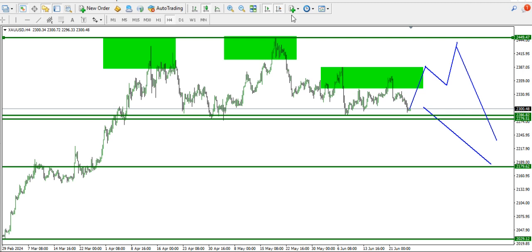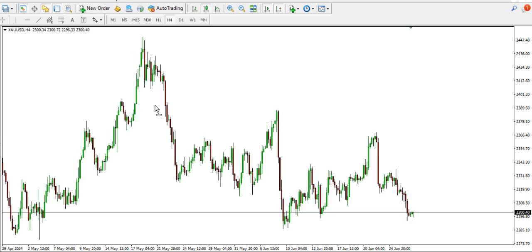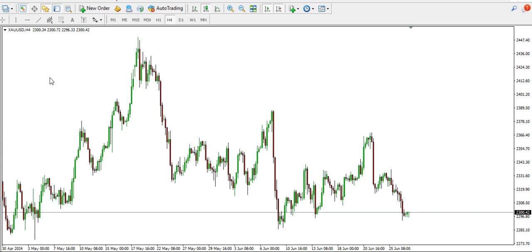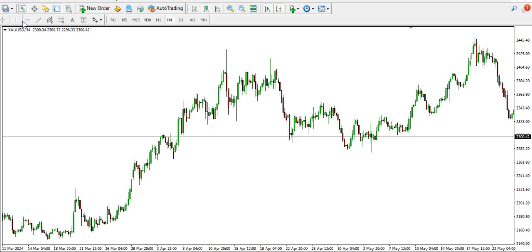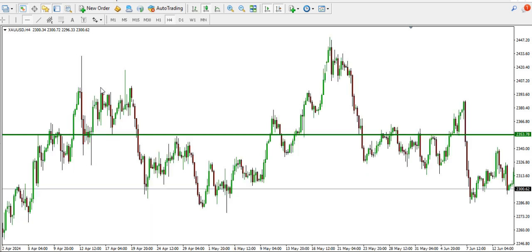But still on the 4-hour time frame, let's see what we have. Okay, we have some couple of other blocks around here. We have one, okay, that is there.